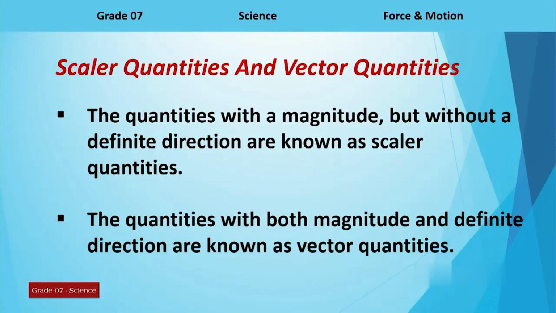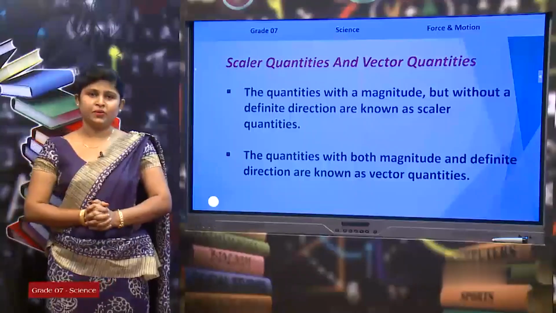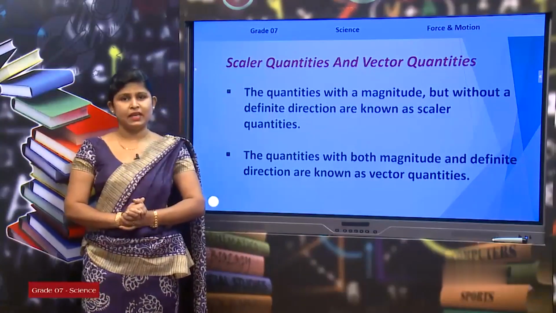The quantities with a magnitude but without a definite direction are known as scalar quantities. I think you all can understand simple English. The quantities with both magnitude and definite direction are known as vector quantities. Right? The quantities can be divided into two major groups, vector quantities and scalar quantities.